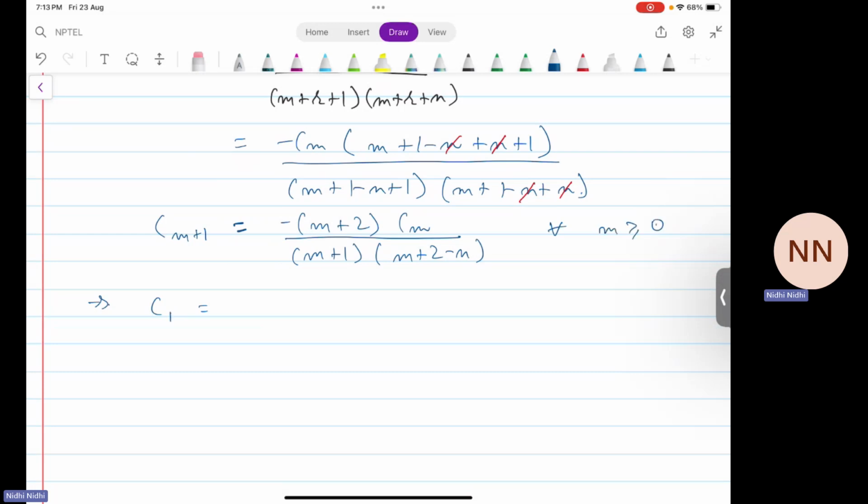C1 is equal to, here we have m is equal to 0, minus 2 C naught by 2 minus n.